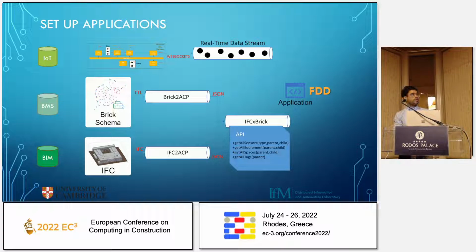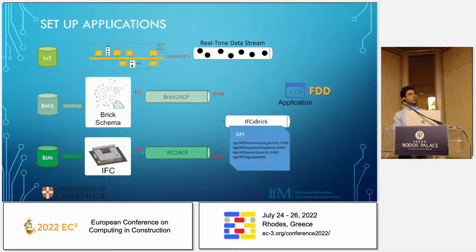And so we defined two different data pipelines, one to gather all the data from the BMS, so the different system functions and relationships and the sensors that are attached to the equipment, in this case the HVAC system.